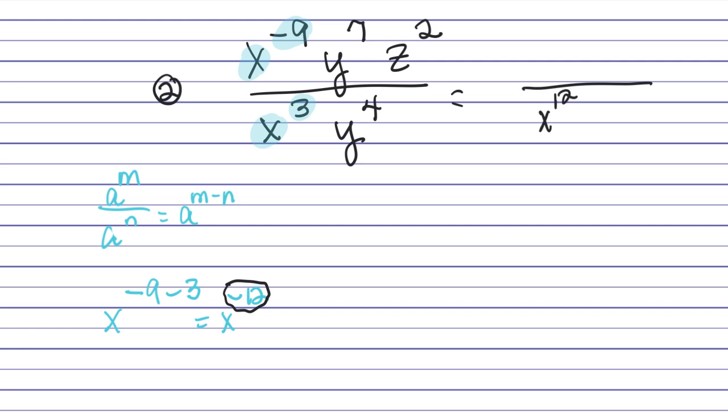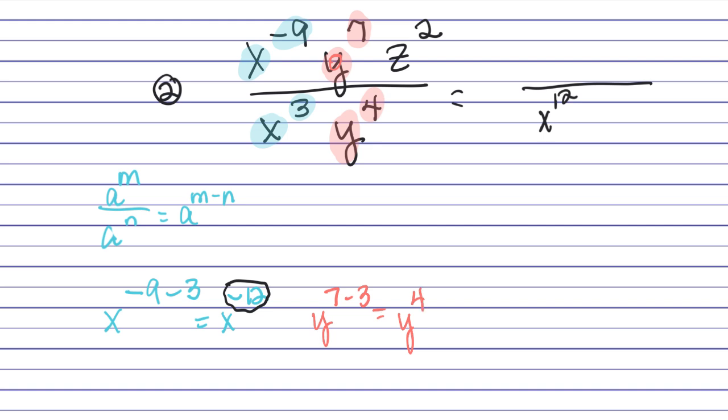All right, next, I'm going to take a look. I have 2 y's right here, okay? And I am going to be subtracting 7 minus 3. So I'm going to come down below. I'm going to have y, 7 minus 3. So that's going to be y to the 4th.